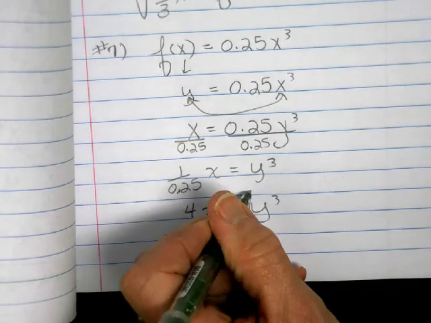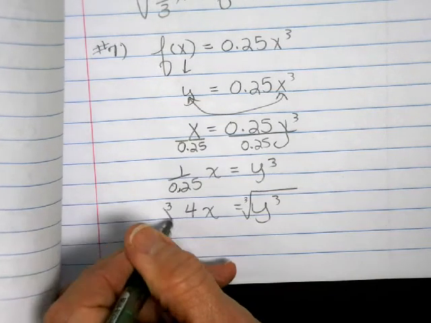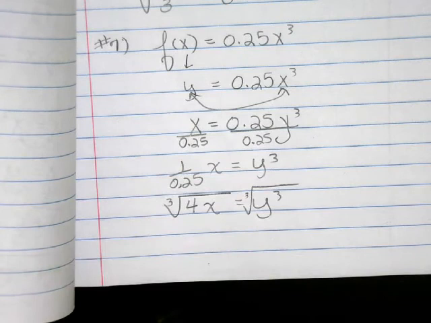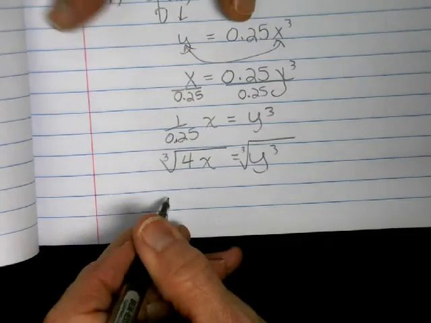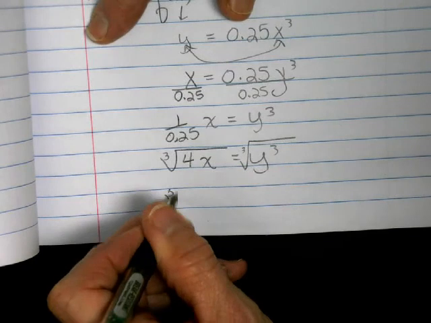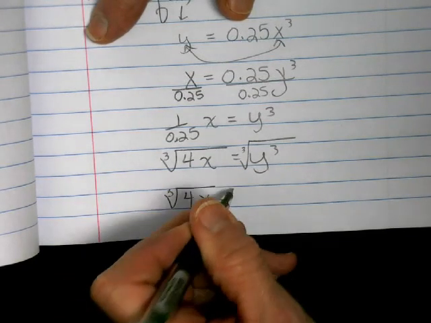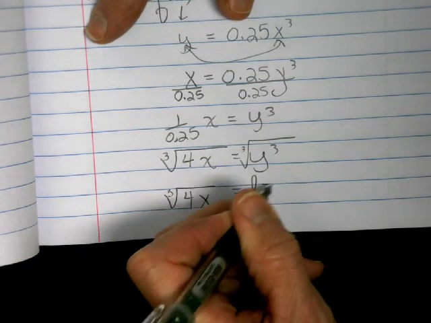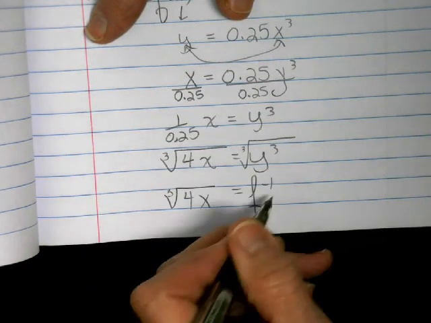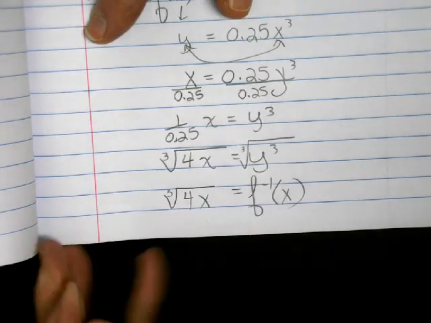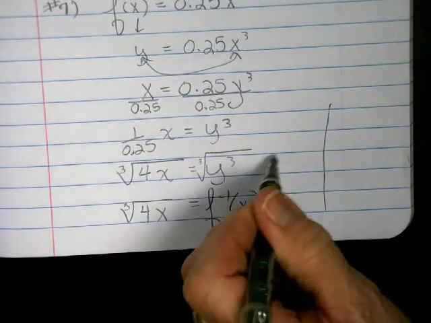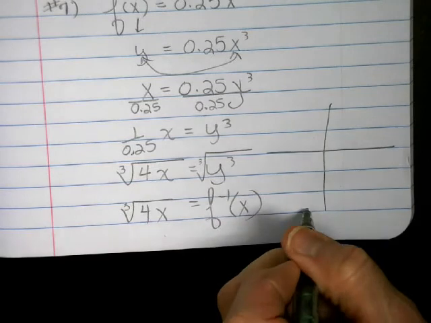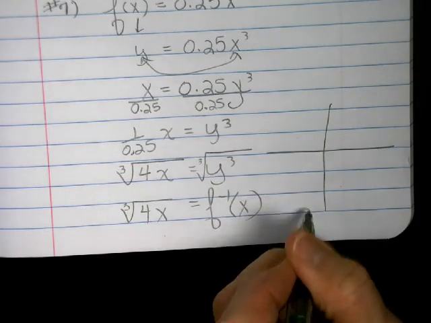Flip it over, it's a 4. You check that in the calculator. Then you take the cube root, which has to be a superscript up in the corner, inside the crevice of your radical sign. And this is your inverse function of your cubic function.